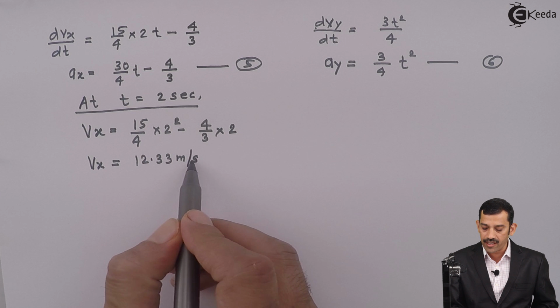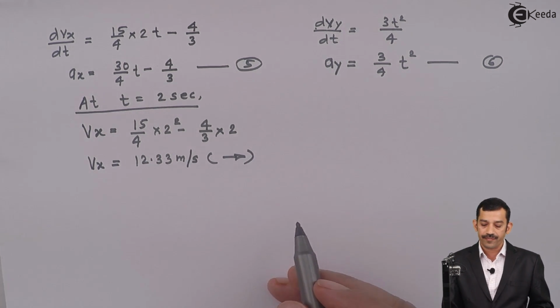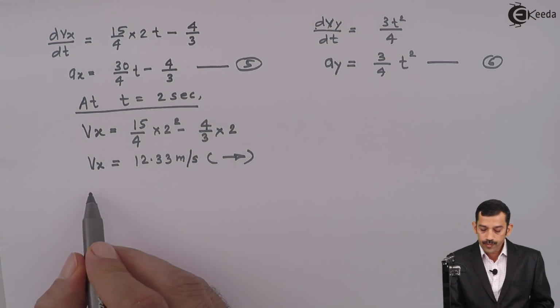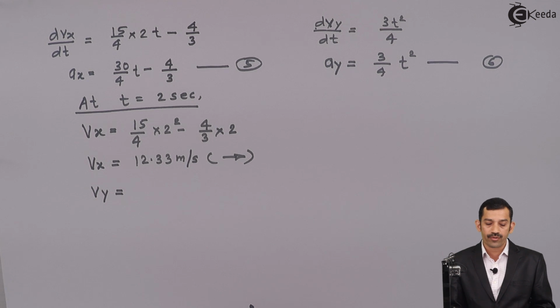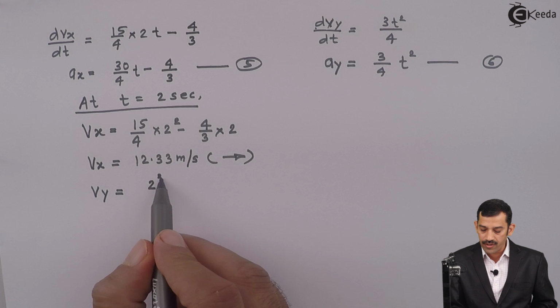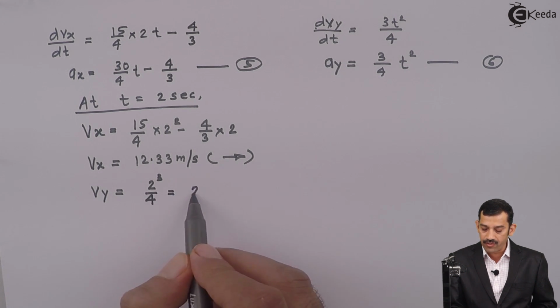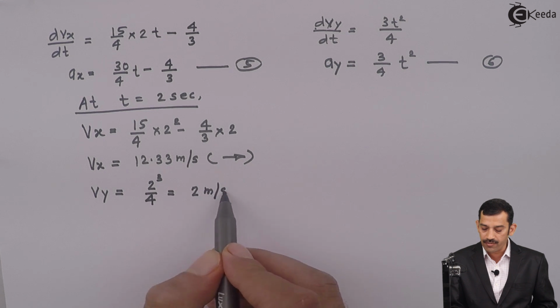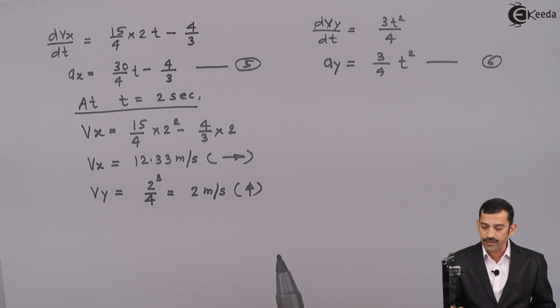As the answer is positive, the component of velocity is in the rightward direction. Similarly, Vy, substituting t equal to 2 seconds, is t cube by 4, that is 2 cube divided by 4. Using a calculator, this comes out to be 2 meters per second. As the answer is positive, this component of velocity is upward.